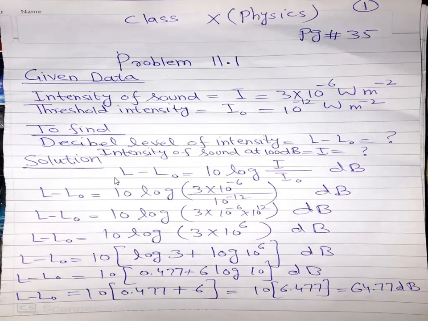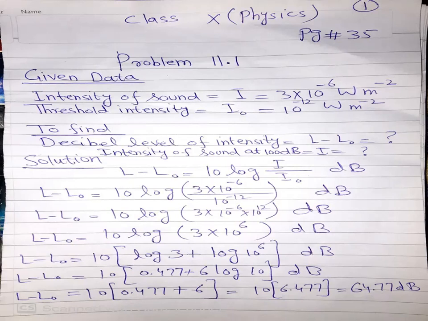Recall the formula: L minus L naught equals 10 log I over I naught, which is in dB. You can find this formula if you open page number 25, under equation 11.5: 10 log I over I naught dB.